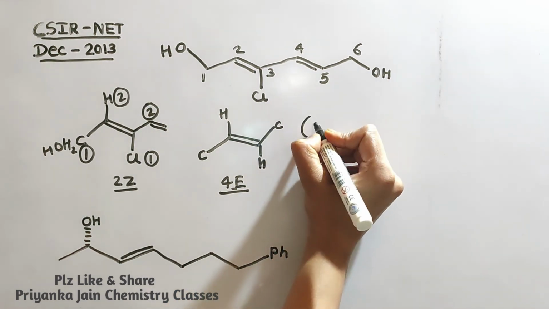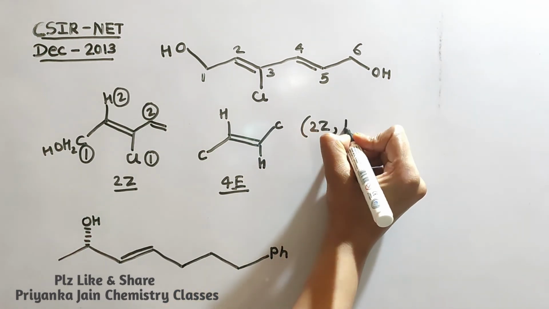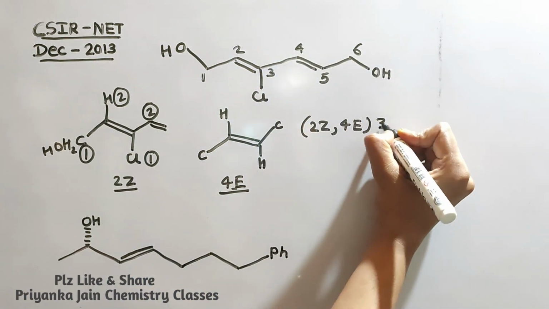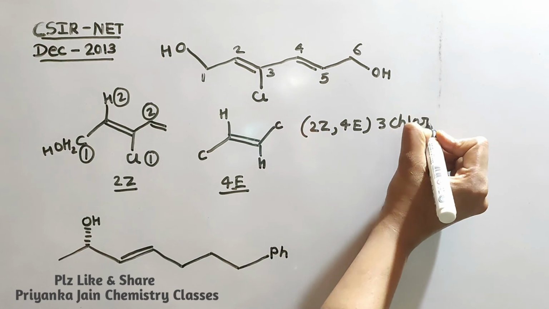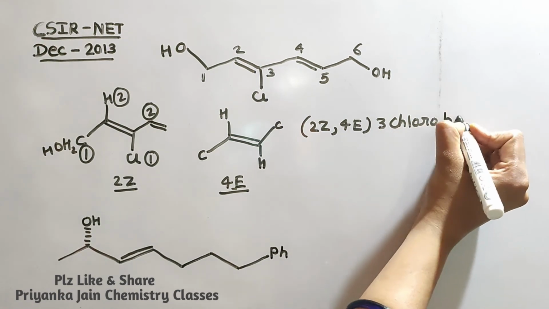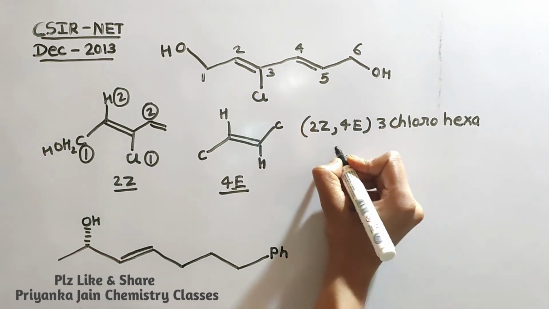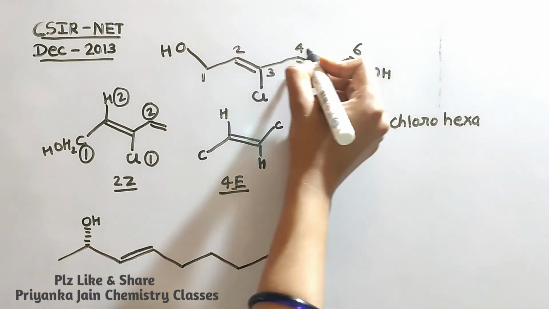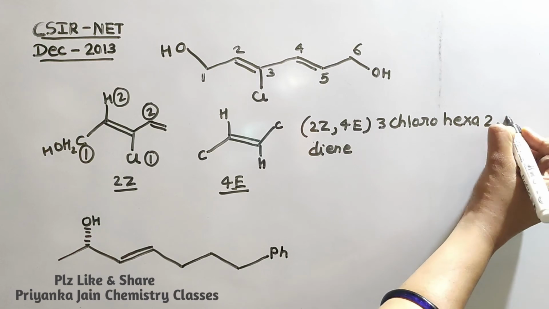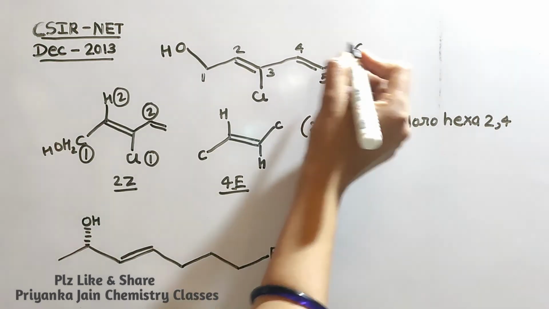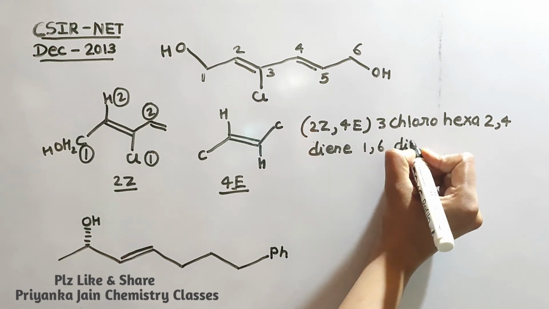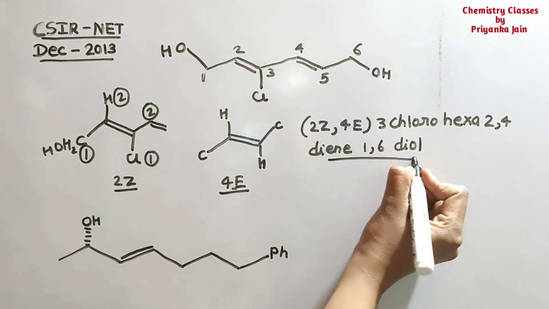So the naming will be 2Z,4E, and at the 3 position chloro, 3-chloro hexa-2,4-diene, and then 1,6-diol. Okay, this is the name for this compound, right?